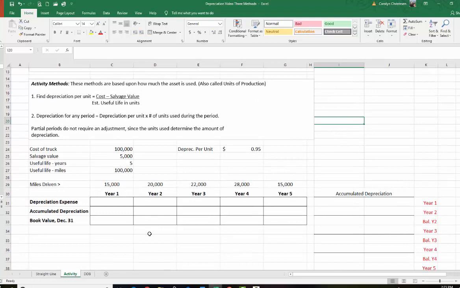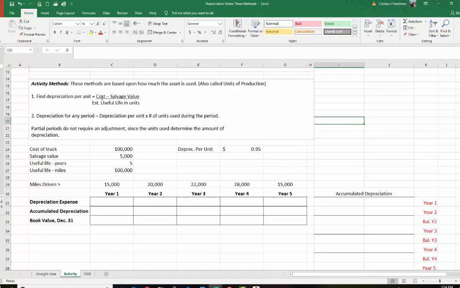Let's just go up here. Okay, so sometimes your book might call an activity method units of production, units of activity, something like that. The idea with this is that the depreciation is based upon how much you use the asset and really doesn't have as much to do with time as usage. So we're going to do two steps here.